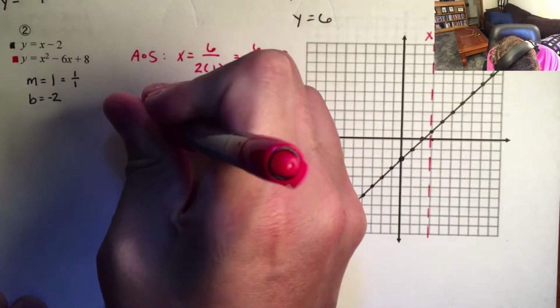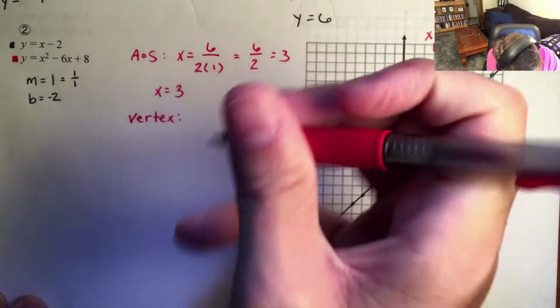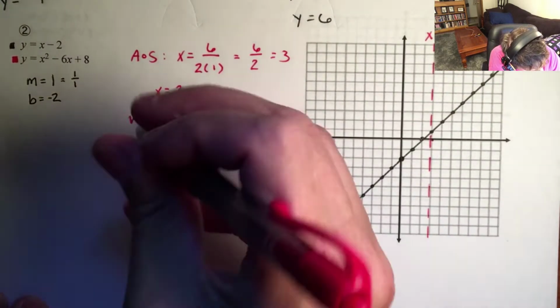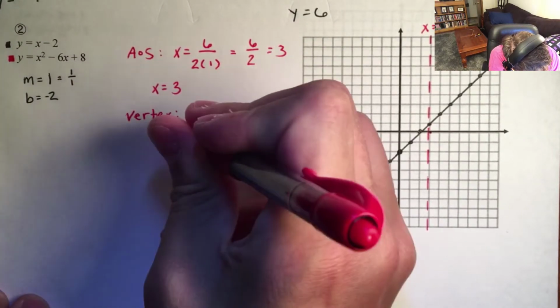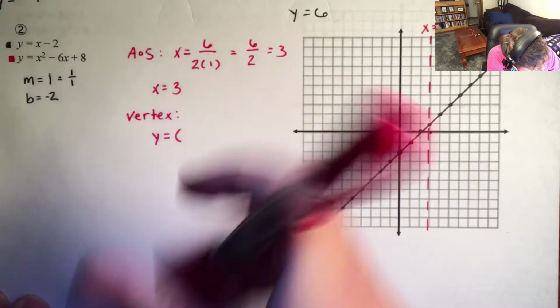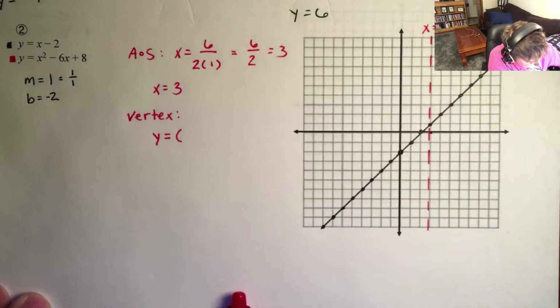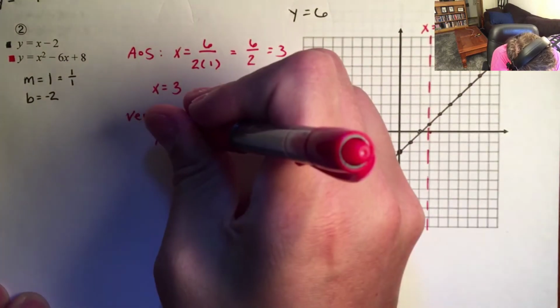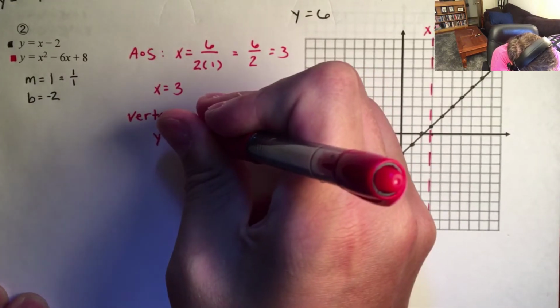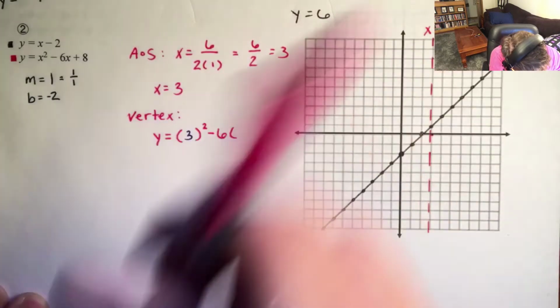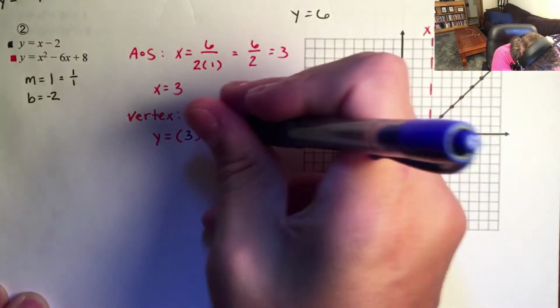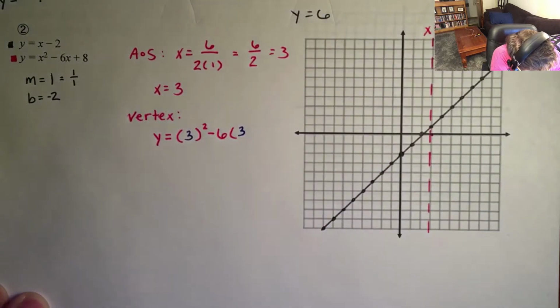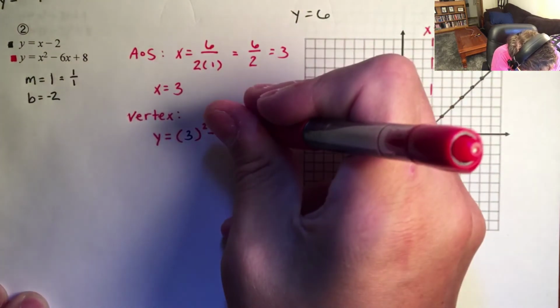So here I'm going to find my vertex, and it is going to be y is equal to 3 squared minus 6 times 3 plus 8.